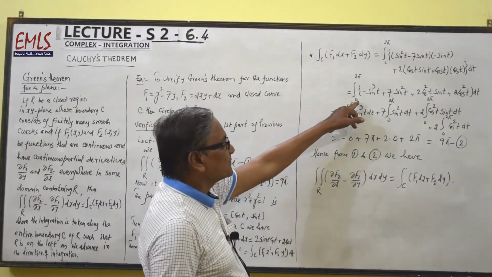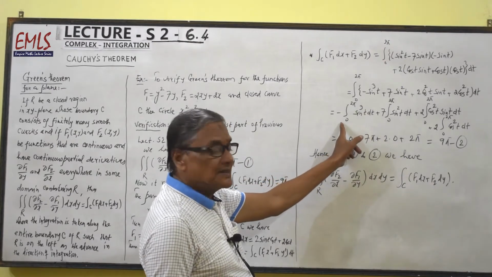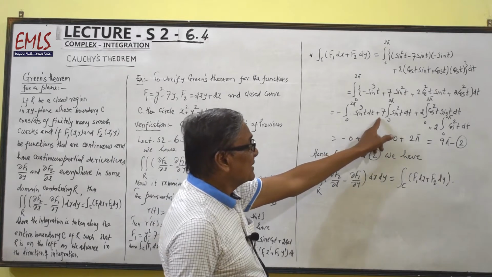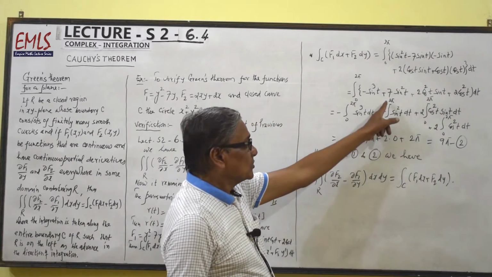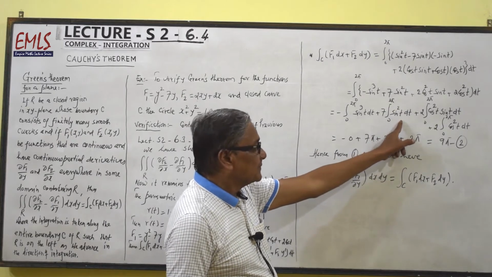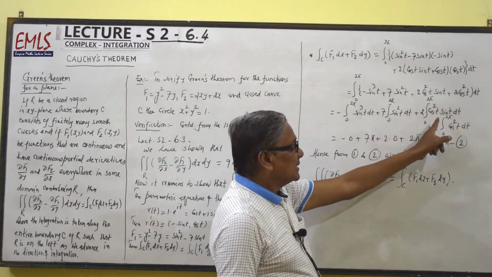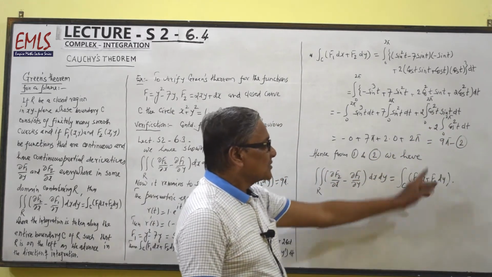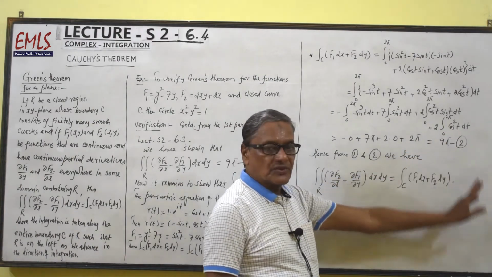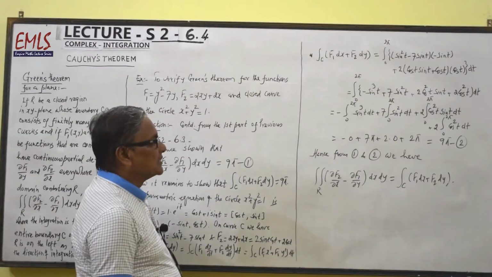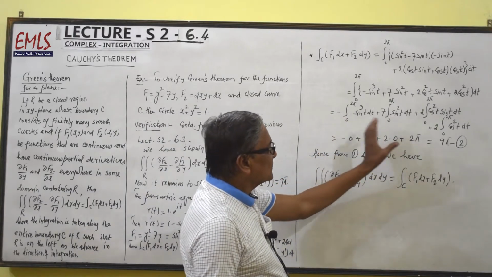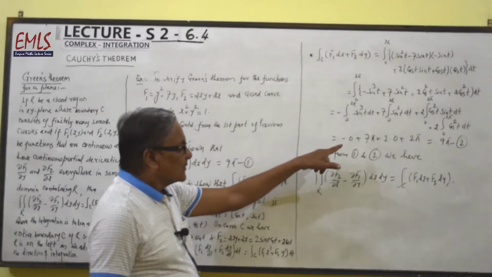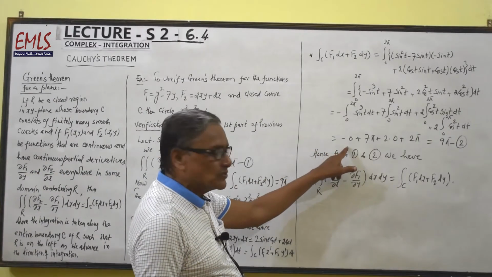On simplification and bifurcation, we shall get minus the integral 0 to 2 pi of sin cube t dt plus 7 times the integral 0 to 2 pi of sin square t dt plus 2 times the integral 0 to 2 pi of cos square t sin t dt plus 2 times the integral 0 to 2 pi of cos square t dt. These are simple integrations, we can find them easily. We are here writing the direct values.